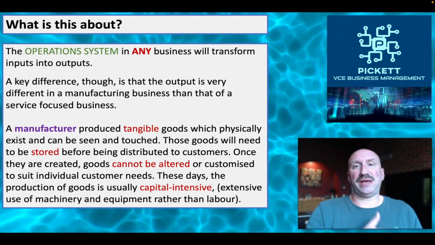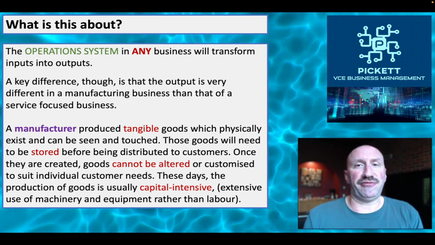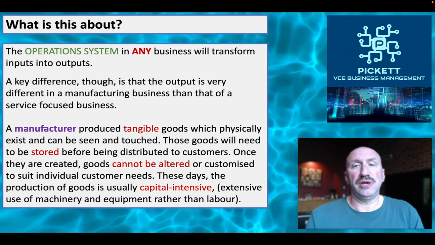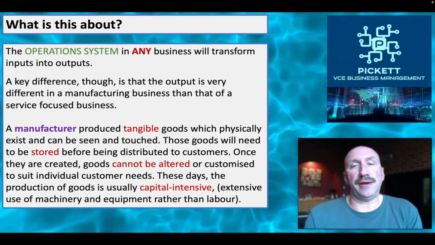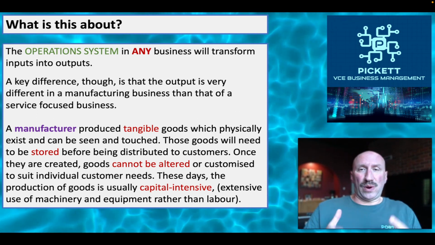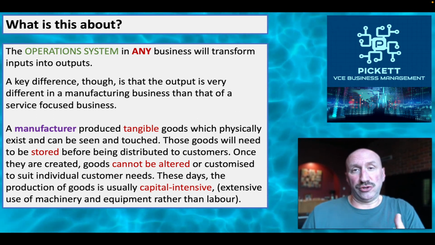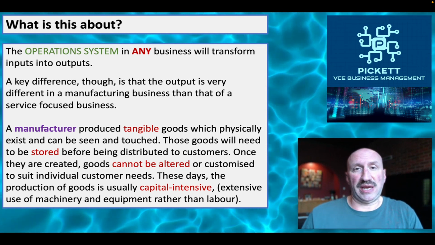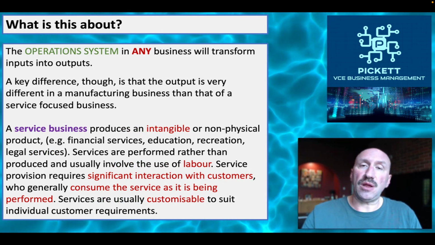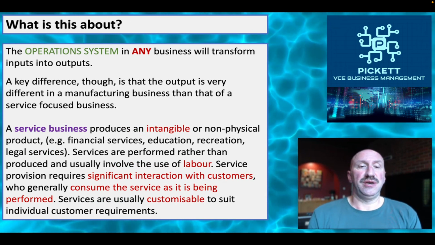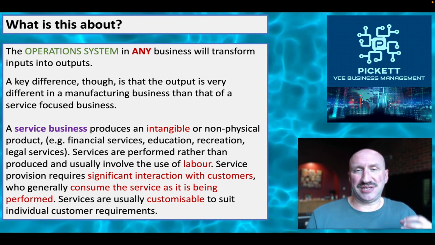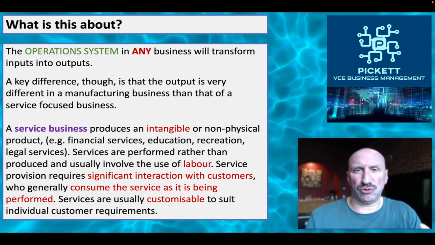If you went back a number of generations, that would have been different, but increasingly, and we look at this more in the next video, which is technology strategies in operations, these days, when we're making goods or products, generally speaking, there's a lot of use of machinery and equipment involved.